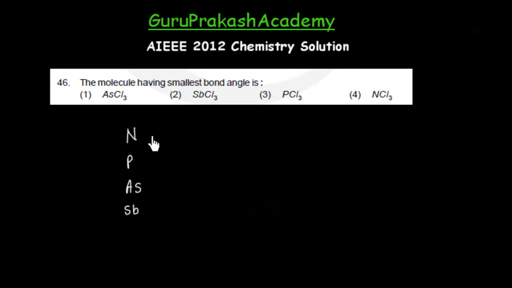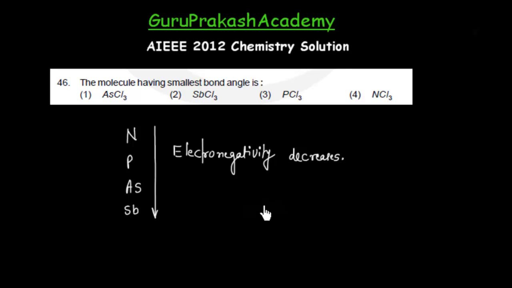Nitrogen is the most electronegative and antimony is the least electronegative. So electronegativity decreases in this order.